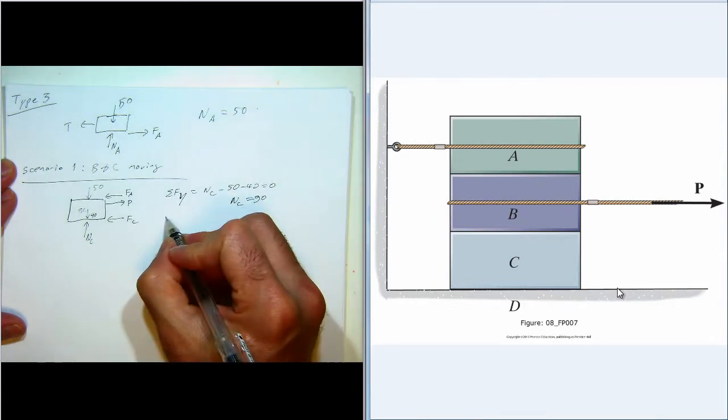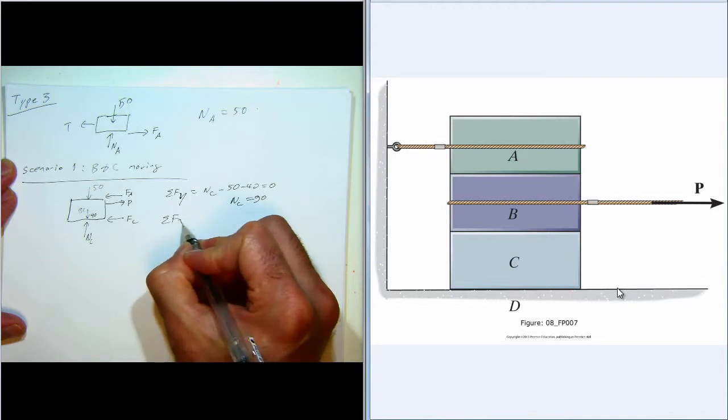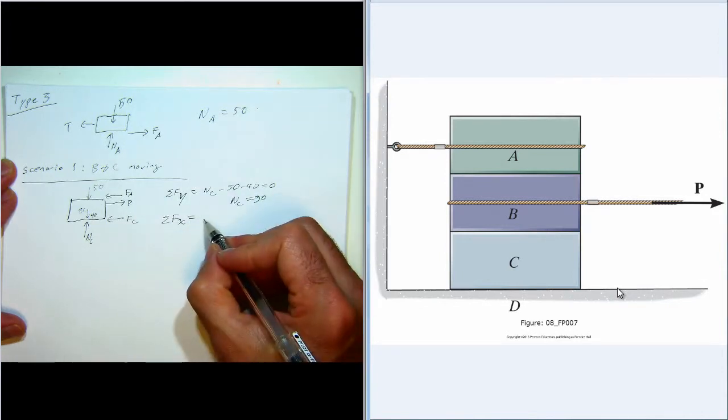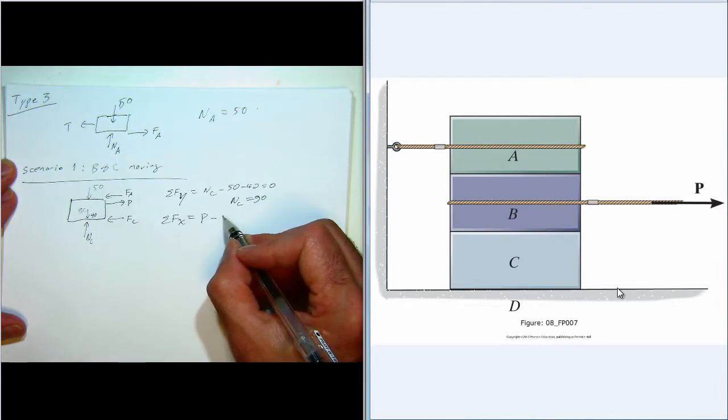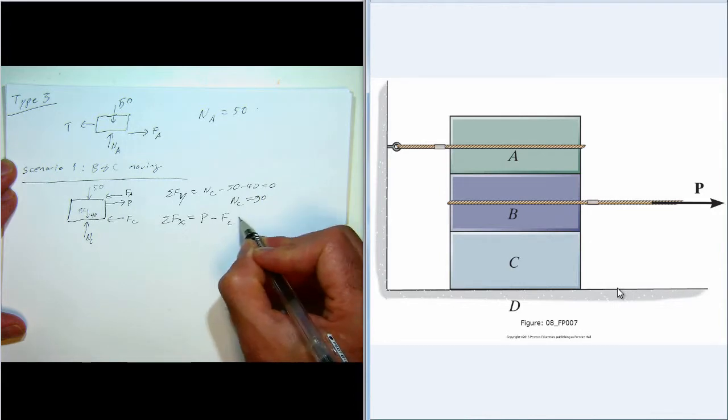And in the X direction we have that P is equal to the sum of FA and FC.